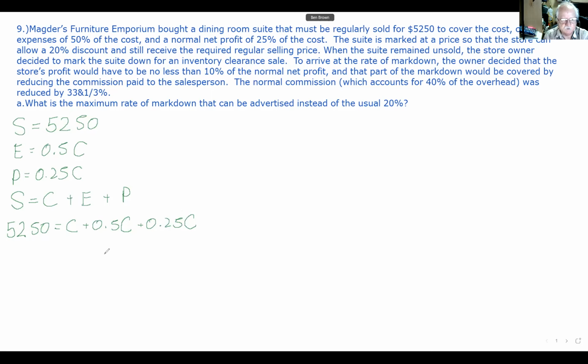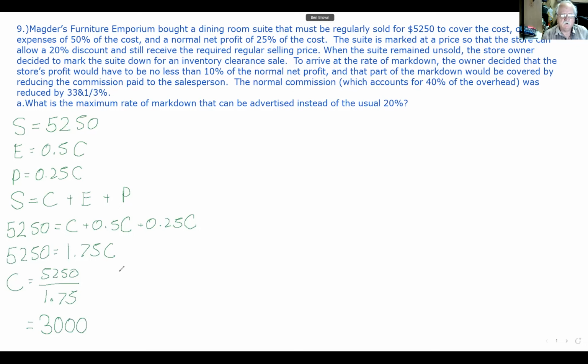So this becomes 1.75. 5250 equals 1.75 cost. So cost must be 5250 divided by 1.75. Let's see what that is. And yes, indeed, I do get 3,000 there.